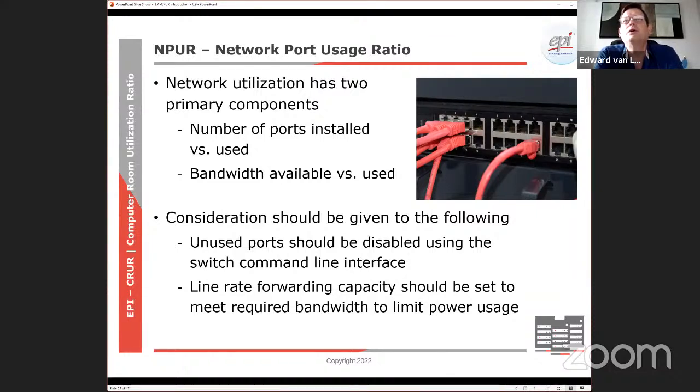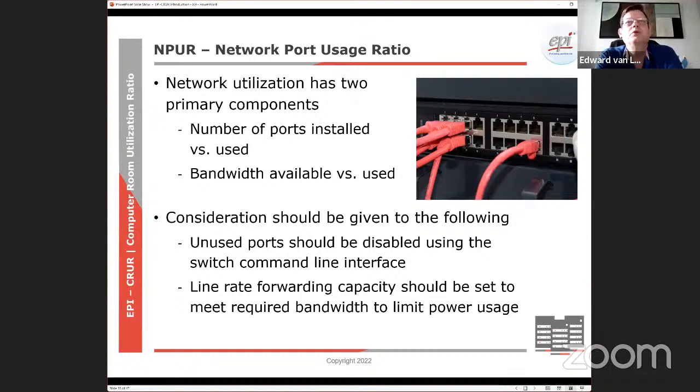I think we all know that a lot of the ports now are PoE enabled, so power over Ethernet. That means that even if you have not plugged in any cable, the port will still use power. So if you have a large number of unutilized ports, you're basically having power capacity in the computer room that is going to waste.